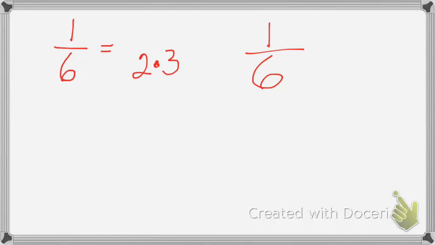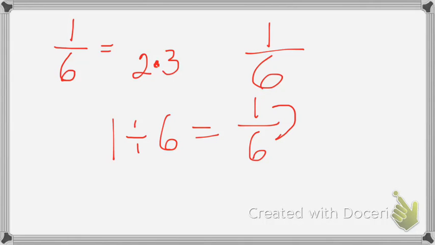Fractions are another way to express division. 1 divided by 6 is the same as 1/6, because that says 1 divided by 6. So we can use our calculators to find decimal equivalents for all kinds of fractions.